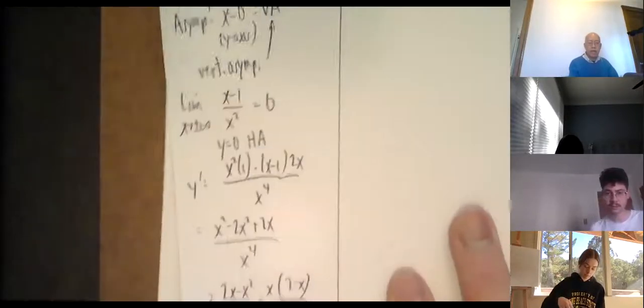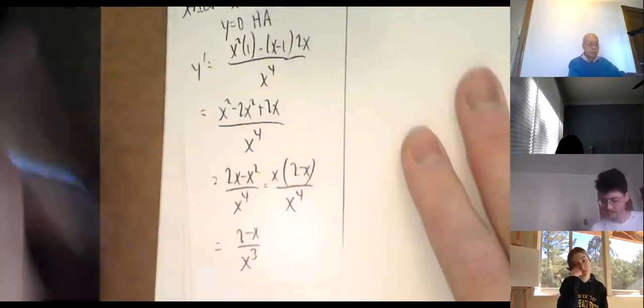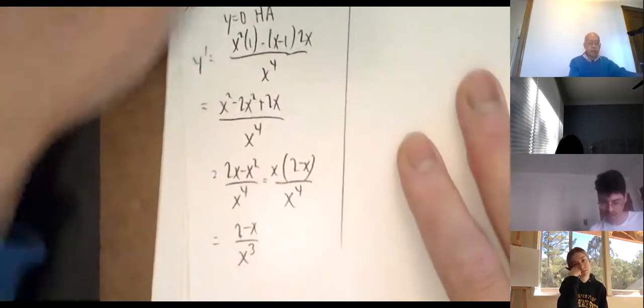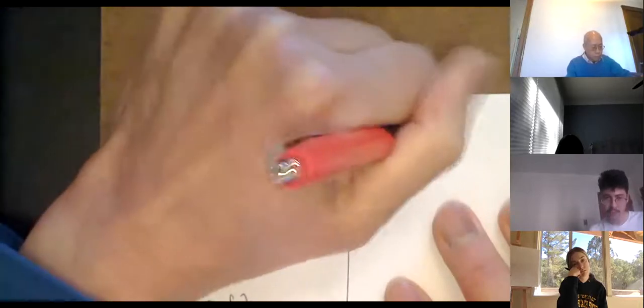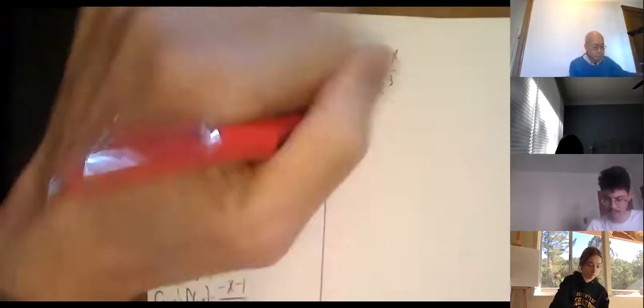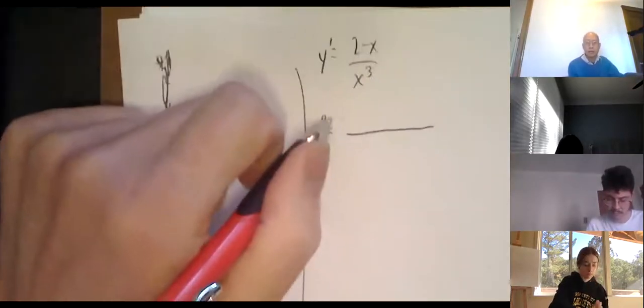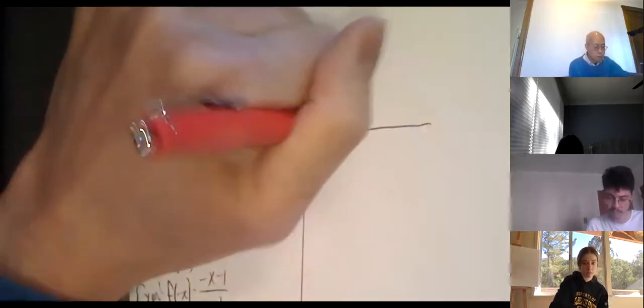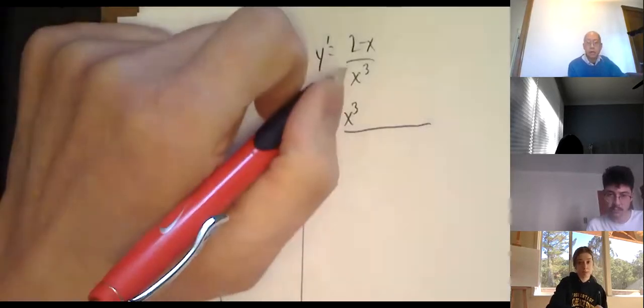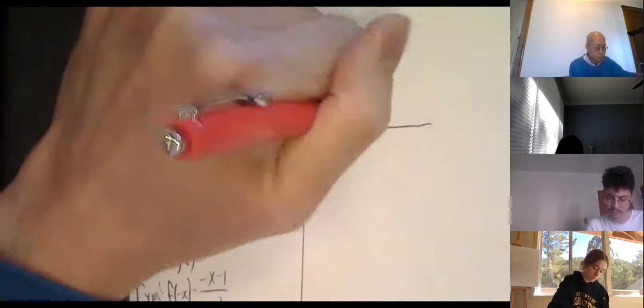Okay. Second derivative. So I have to differentiate this. Let me just copy this since I got to go back up the paper. Y prime equals 2 minus x over x cubed. Okay, double prime. Bottom times derivative of the top, negative 1.